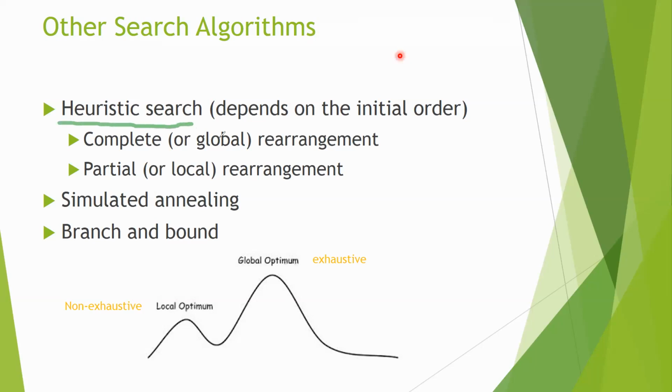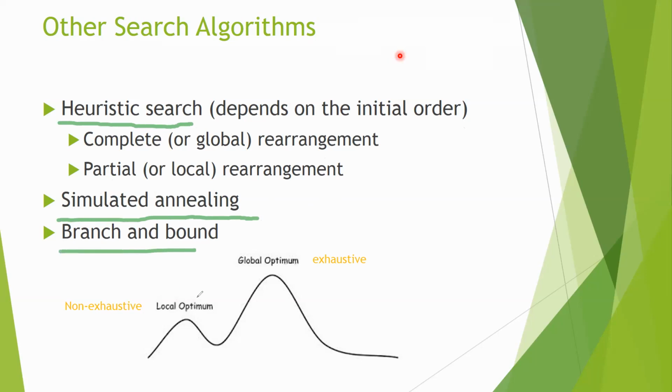This is the heuristic search, and there's some simulated annealing. So yeah, it is very fun to read this part. Just make sure you understand. This is not required for your final exam.